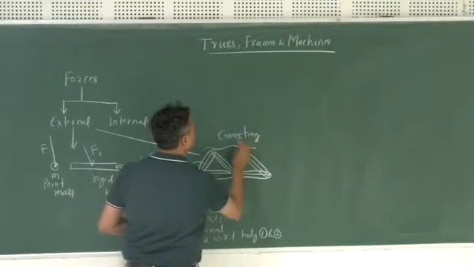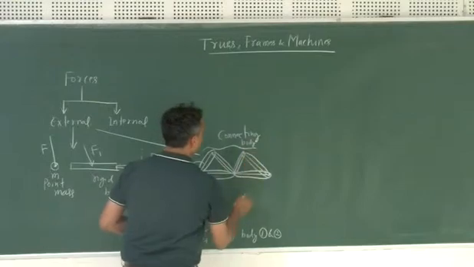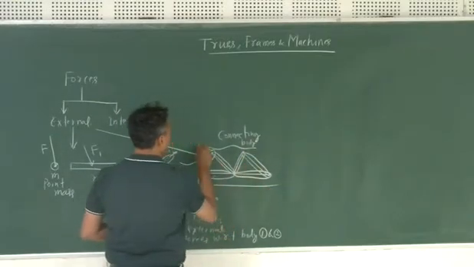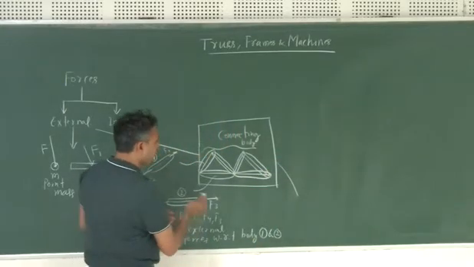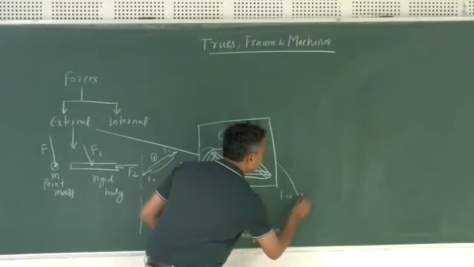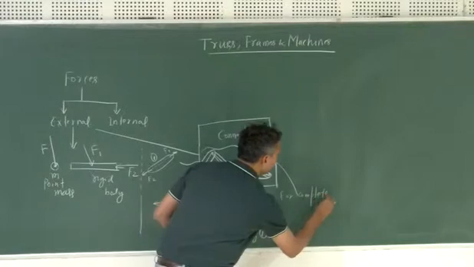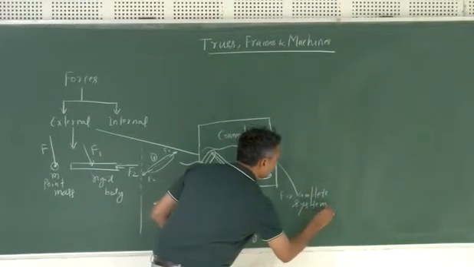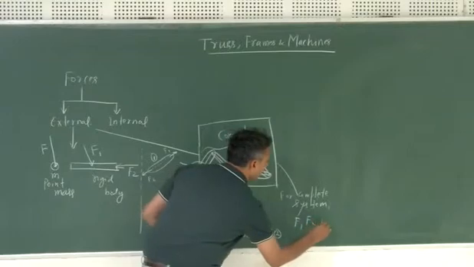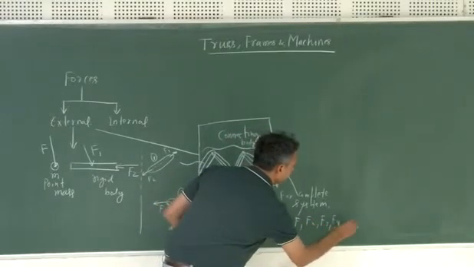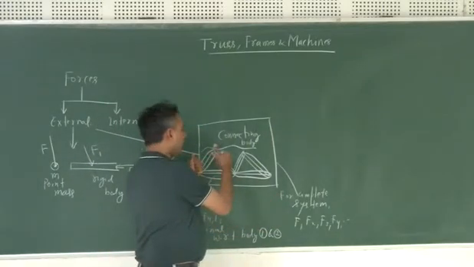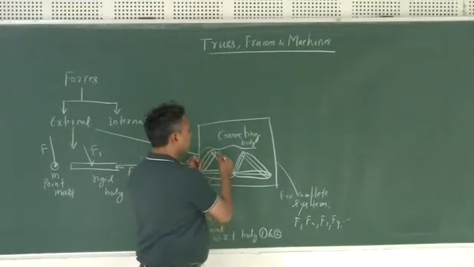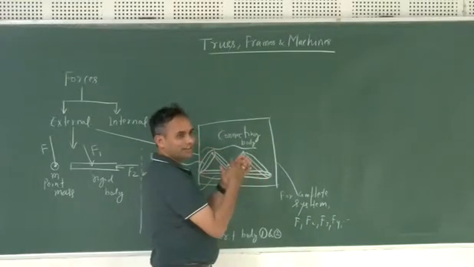However, when you deal with the connecting bodies and one complete system, the forces F1, F2, F3, F4 are called the internal forces, which help to keep all these members under static equilibrium, or help to keep all the connected members in contact with each other.